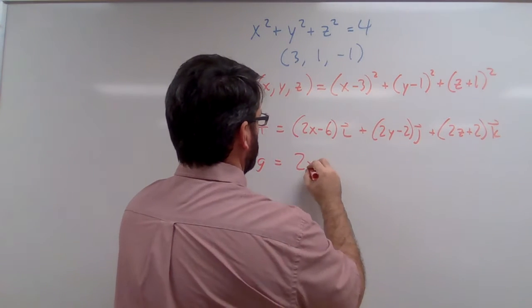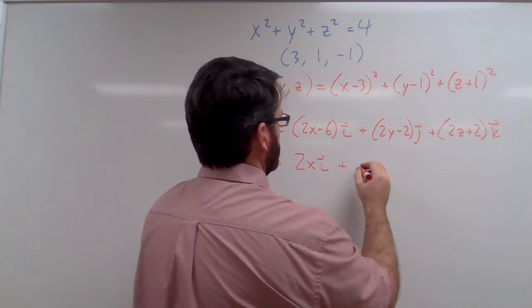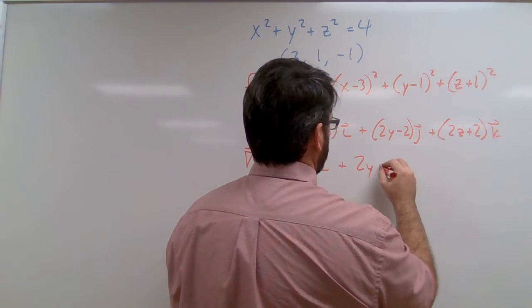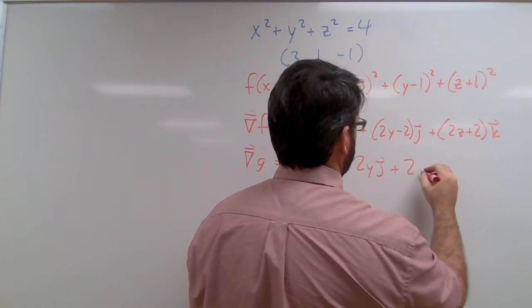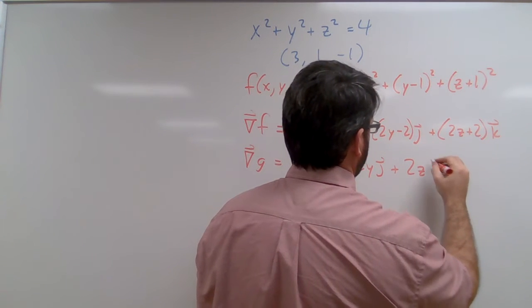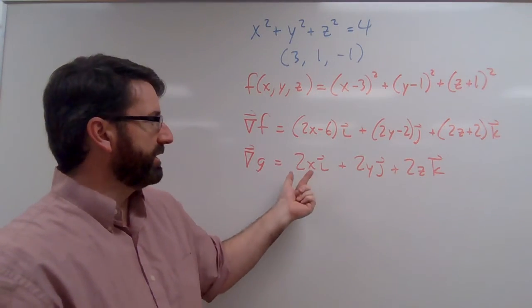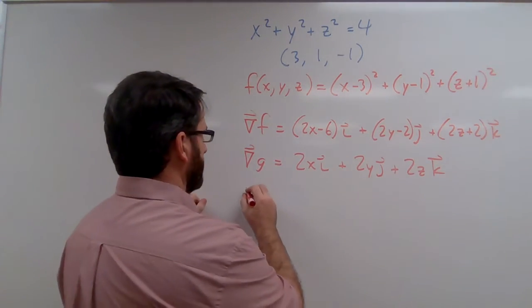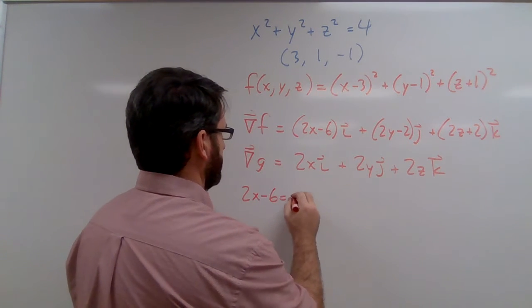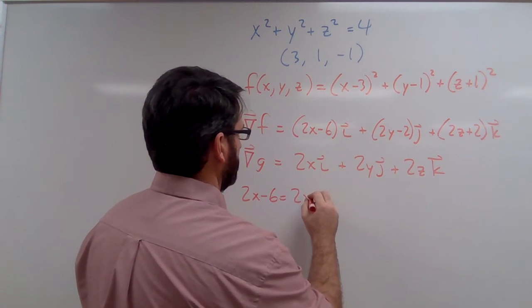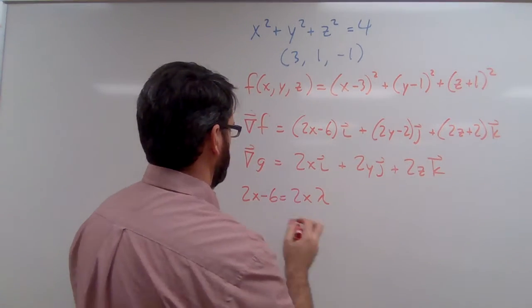That's going to be 2x i plus 2y j plus 2z k. And so this has got to be equal to this times lambda. So we get 2x minus 6 is equal to 2x lambda.